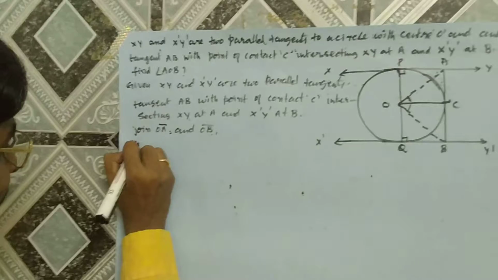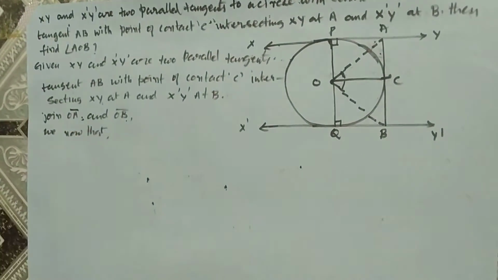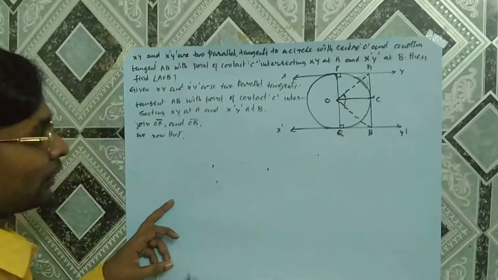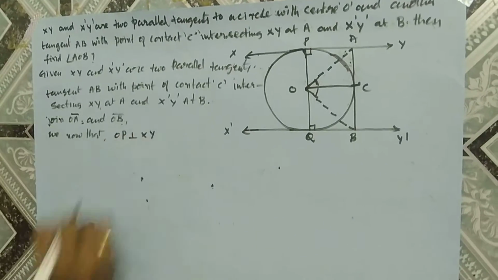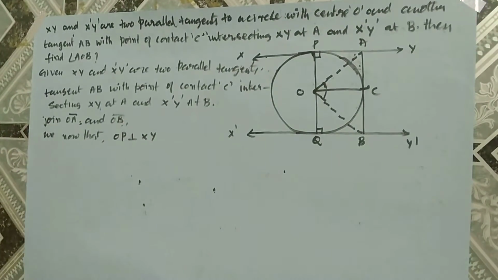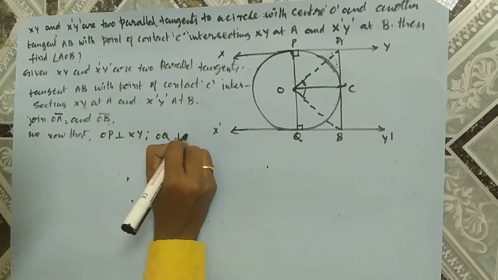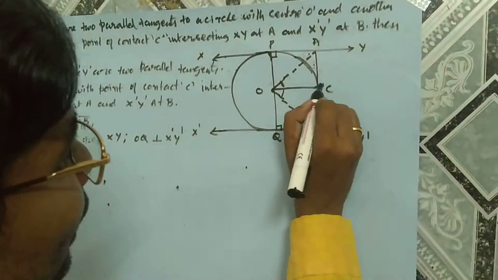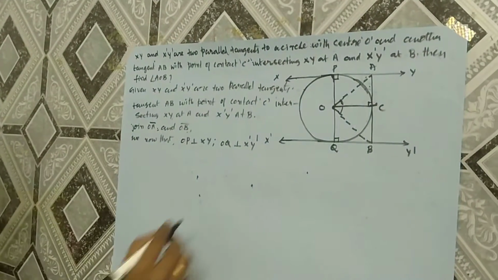We know that OP is perpendicular to XY, and OQ is perpendicular to X'Y', since they are points of contact of tangents. These will be 90 degrees.